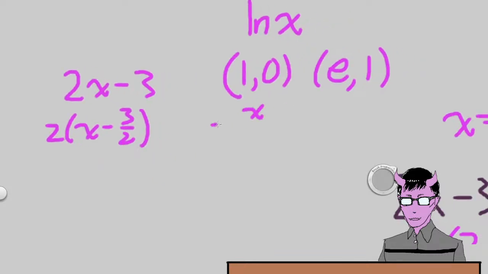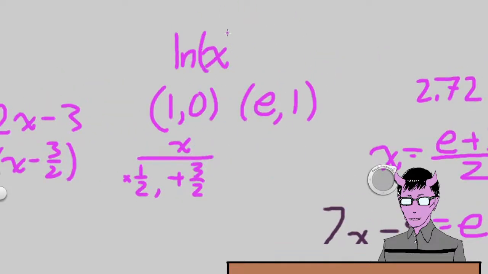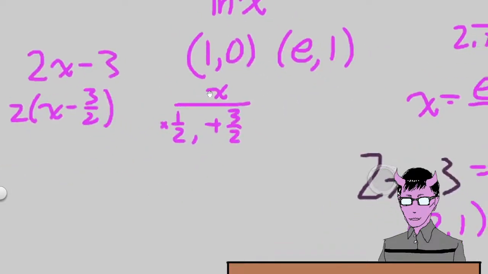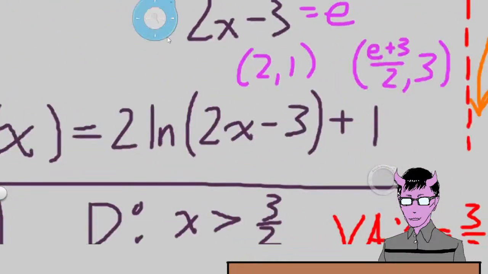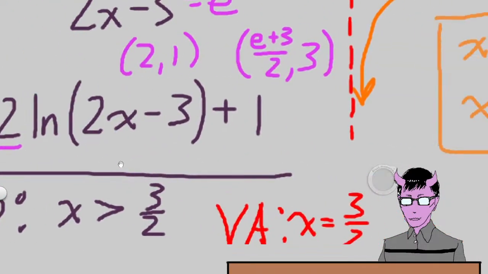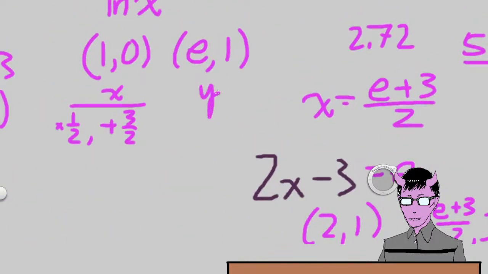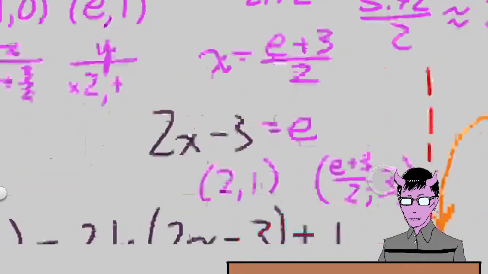So for x transformation rules, we have times 1/2, because we got to do the inverse. And then inverse of that is plus 3/2. And again, reverse PEMDAS order because we are in parenthetical. And then the y transformation, it's just times 2 plus 1 in that order.